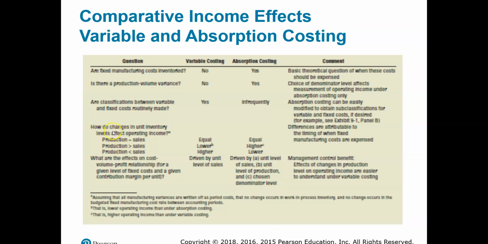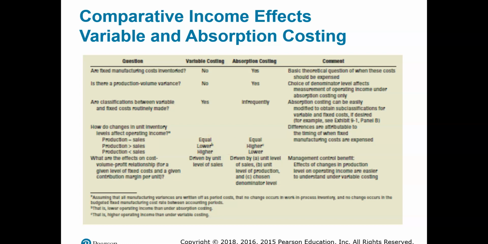Let's look here at the middle. And here is a key thing. When production is equal to sales, operating income is going to be equal under either method, variable costing or absorption costing. But let's say we produce more than we sold. Operating income will be higher under absorption costing and lower under variable costing.